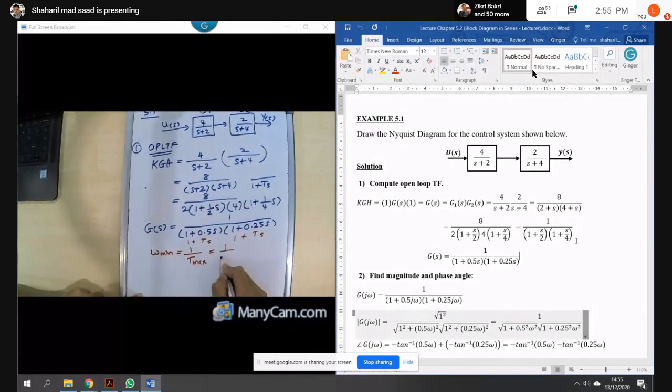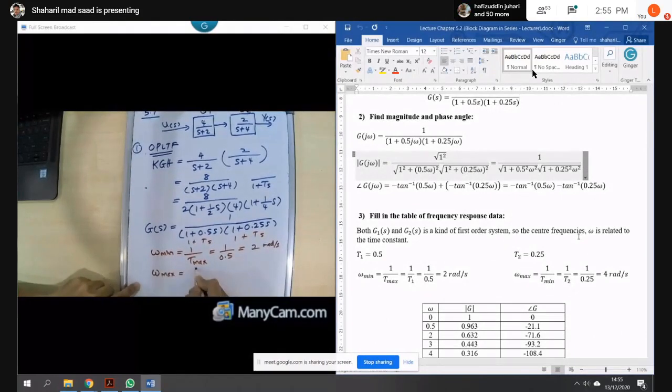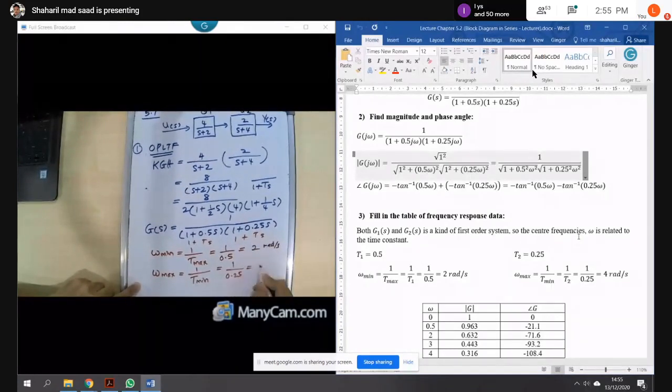So 1 over 0.5 is equal to 2 radian per second. This will be your guideline. And then omega max is equal to 1 over T min, which is 1 over 0.25. This is equal to 4 radian per second.